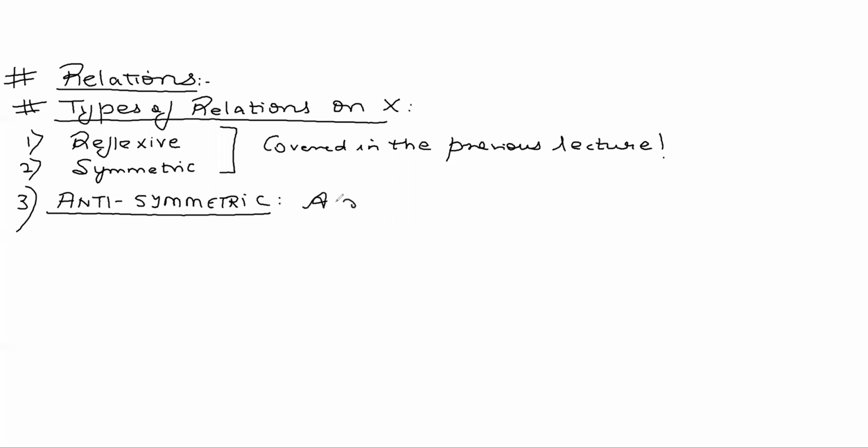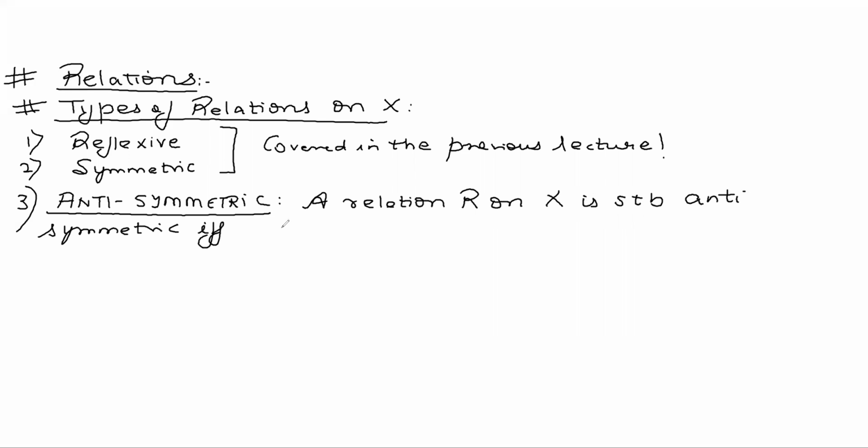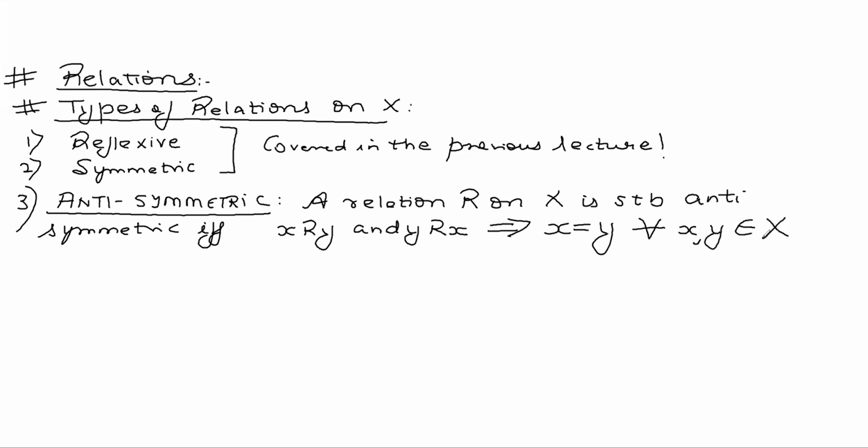So a relation R on X is said to be anti-symmetric if and only if X is related to Y and Y is related to X, it implies X is equal to Y, for all small x and small y belonging to the set capital X.